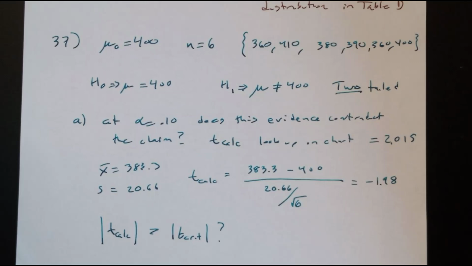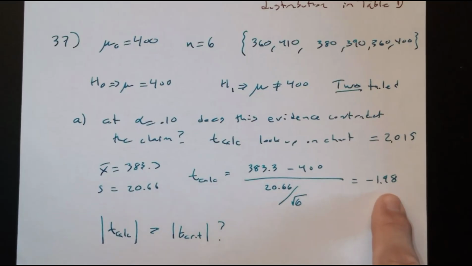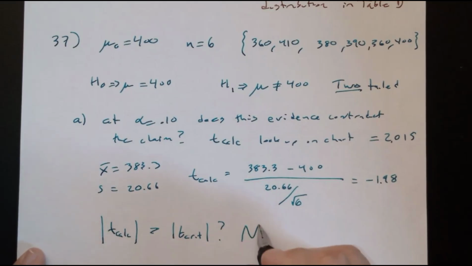It's smaller. 1.98 would be the absolute value here. 1.98 is smaller than 2.015. And that means we cannot reject. I only reject when that answer is yes.